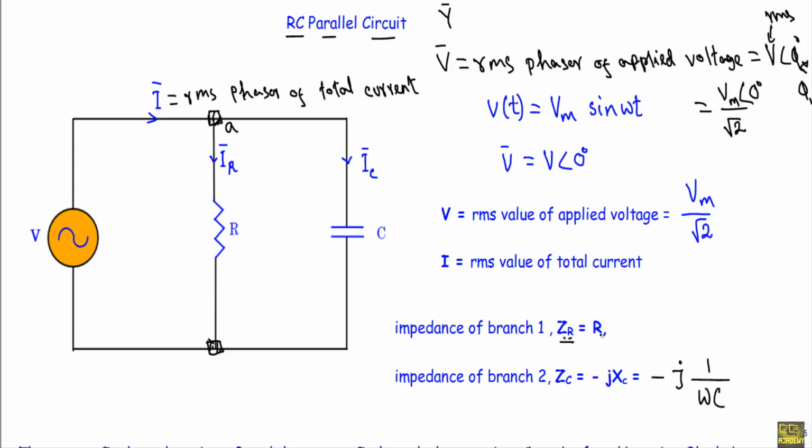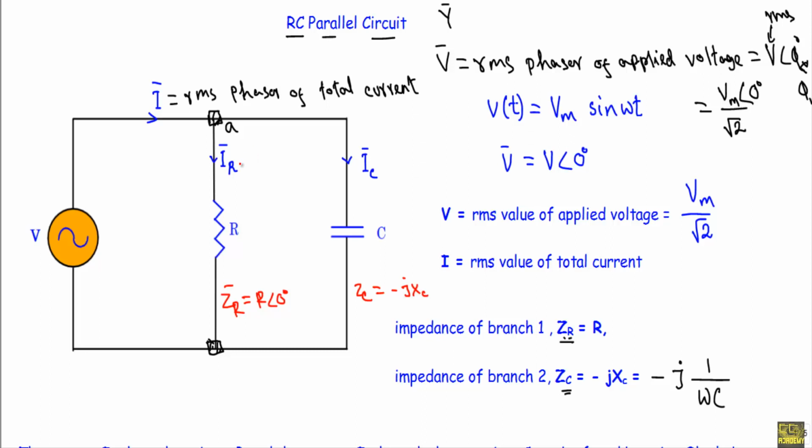ZR will be equal to R, and this branch impedance will be ZC, that will be equal to minus JXC. We know that XC is equal to 1 over omega C, so we can write ZC equal to minus J into 1 over omega C. The branch impedance of this branch is ZR, which is equal to R phase angle 0 degree, and this branch impedance is ZC, which is equal to minus JXC.